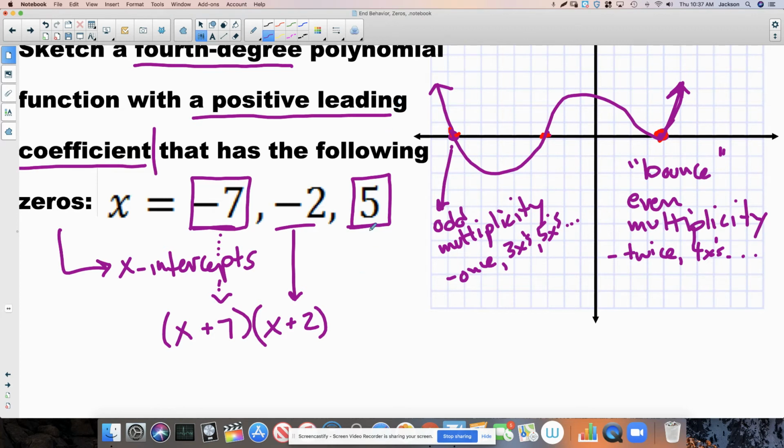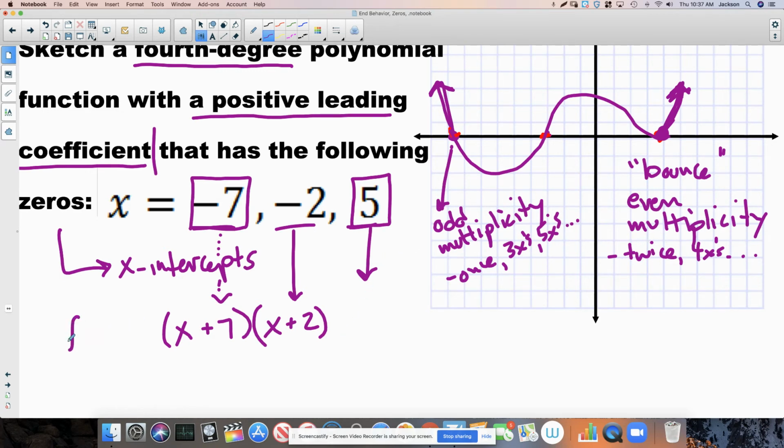Okay, now lastly, we had 5, right? And we said that in order for this end behavior to go up to the left and up to the right, then it had to bounce here based on the trends that we saw in these first two zeros. Now, again, we drew this freehand and we said it could do this. This is just one example, but I'm using this to explain what even multiplicity zeros look like in the function itself.